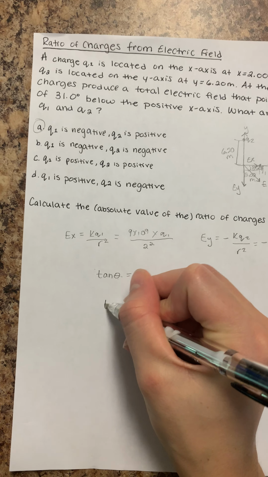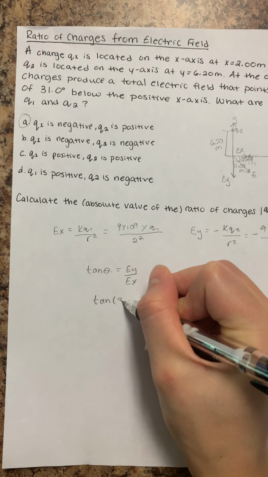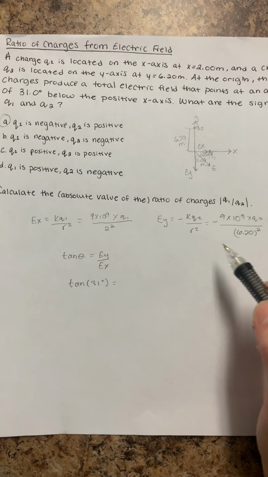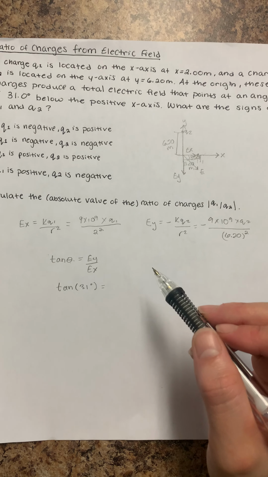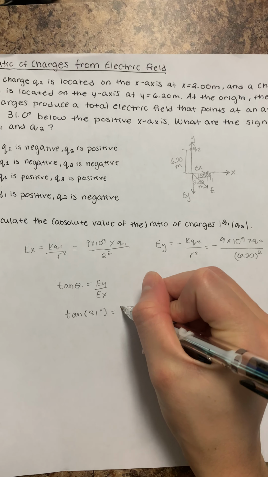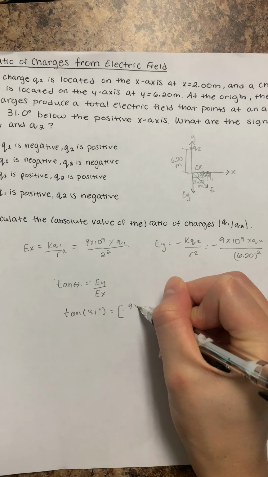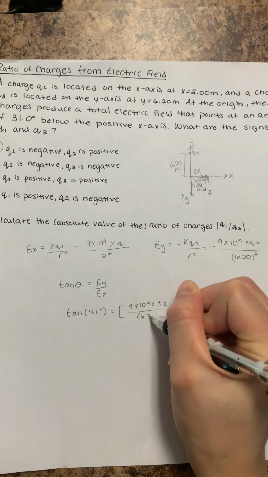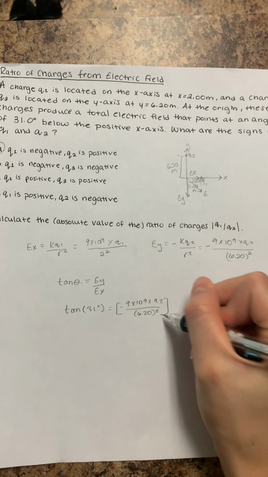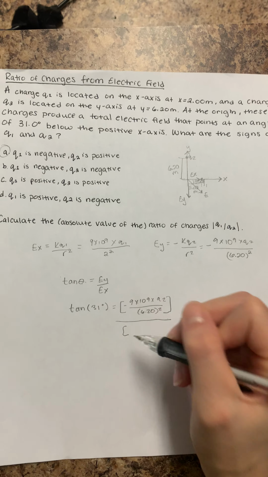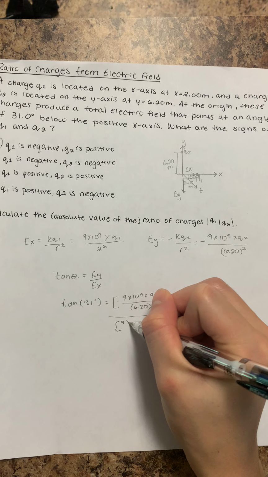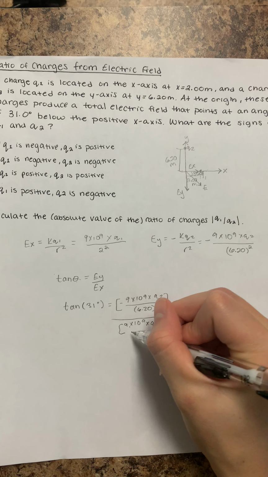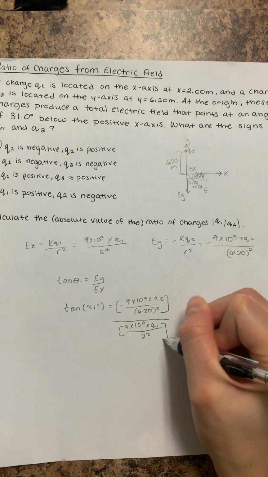So what we can do is tangent of 31 degrees equals our y component divided by our x component. So we have negative 9 times 10 to the 9 times Q2 divided by 6.2 squared. Take this divided by our x component, which is 9 times 10 to the 9 times Q1 divided by 2 squared.